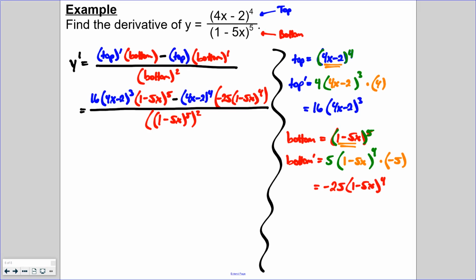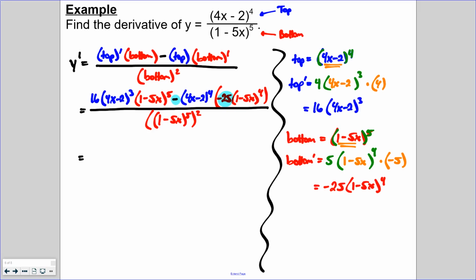All right, well, sadly, we are going to have to simplify this some more. So the first thing we're going to do is look at this negative 25, bring it to the front, and multiply by that negative. So let's see, what's that going to give us?